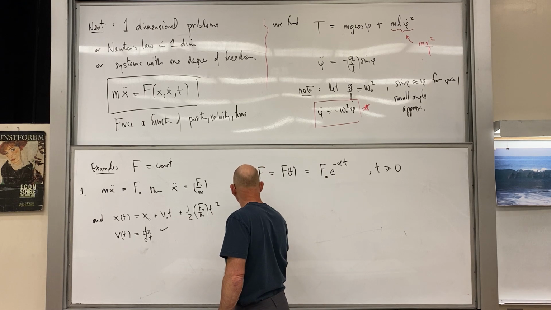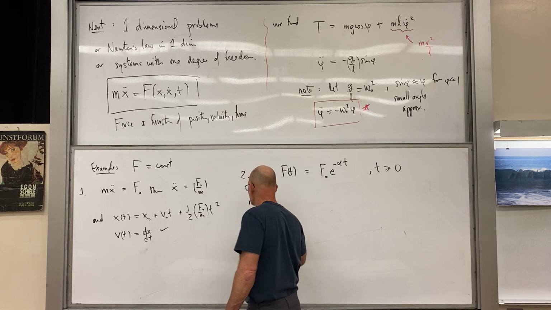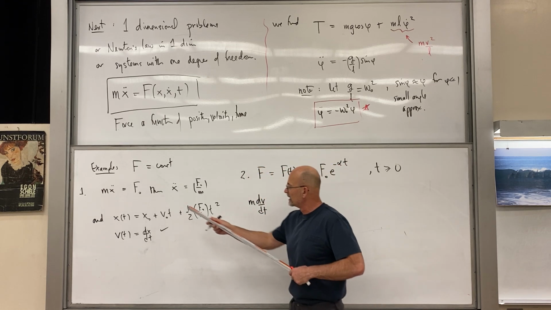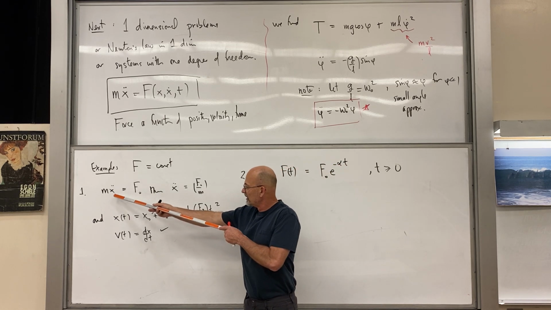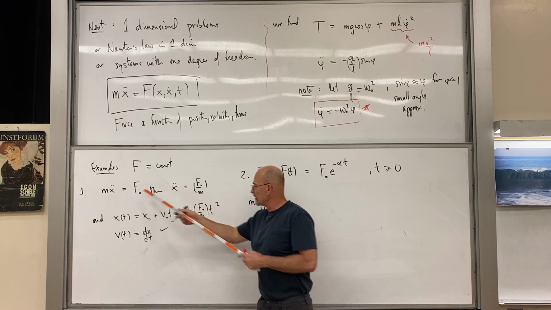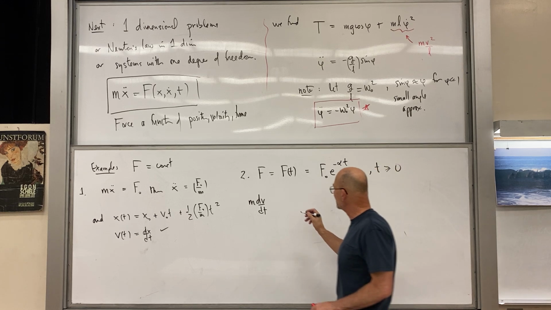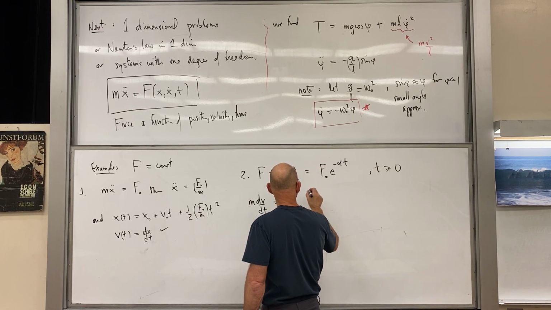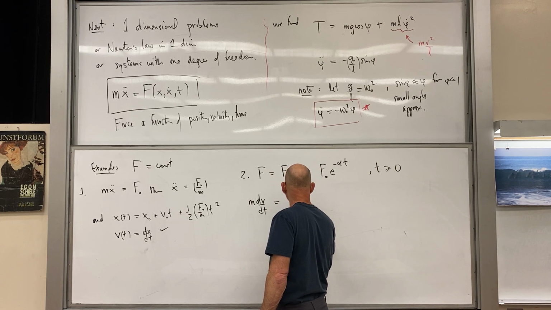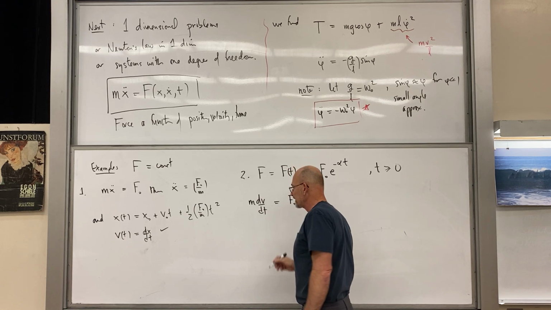We would have m dv dt, right? That's the second derivative. Go ahead and write it out. So first derivative of velocity, m dv dt is equal to F naught e to the minus alpha t.